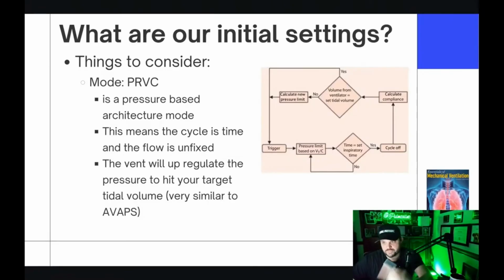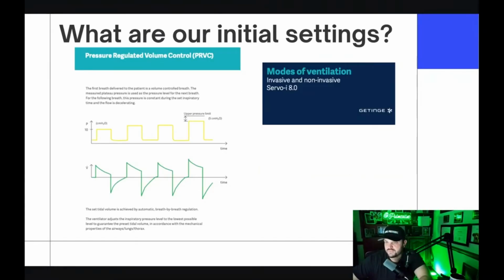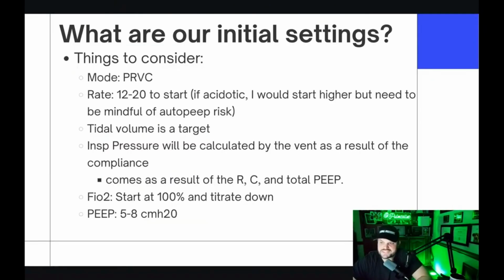That's the algorithm. So this is from the handbook. The first couple breaths are test breaths, so it figures out what the plateau pressure is. Then in the subsequent breaths, the inspiratory pressure is the plateau pressure that it tested before. The problem with PRVC is that if you set a volume of 500, and remember the flow is not fixed, if the patient sucks down hard on the tube and gets more flow and volume, the vent is going to see that instead of giving a volume of 500, it gave a volume of 550.